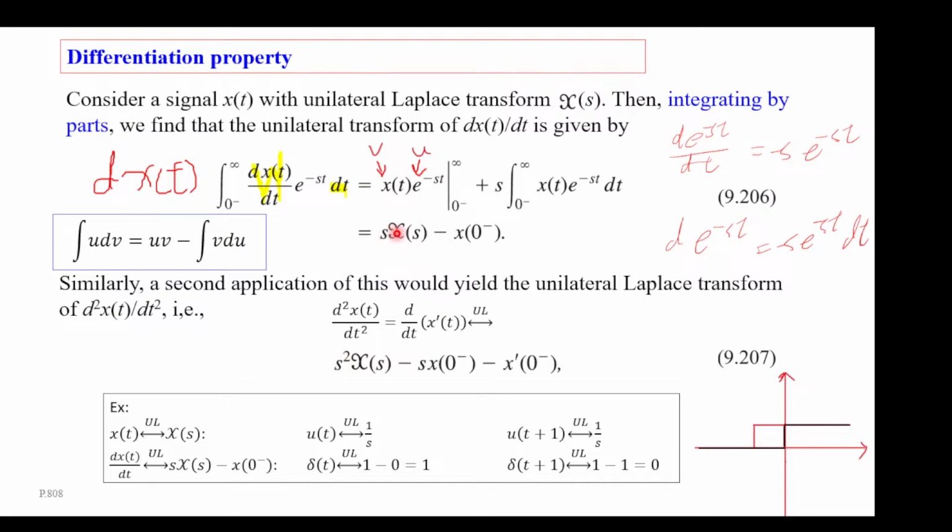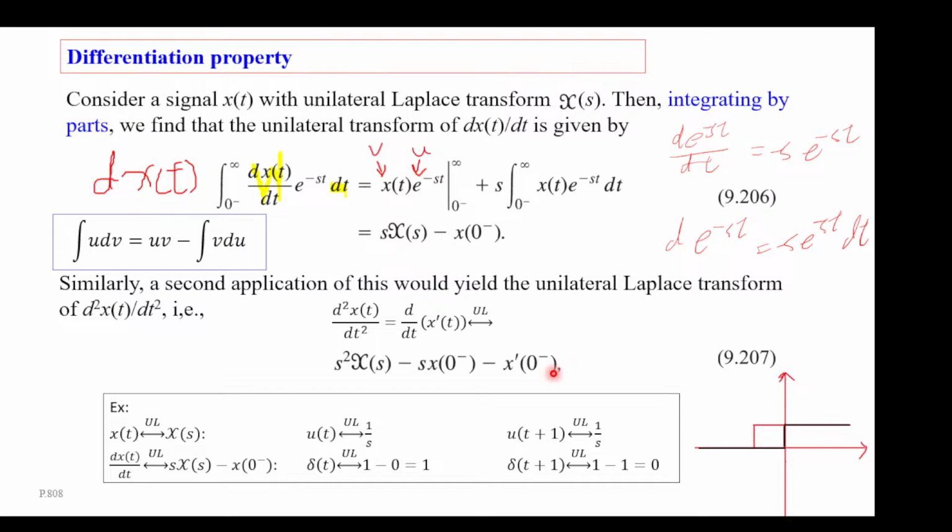So s times (s times big X minus x of 0 minus) gives s squared big X minus s times x of 0 minus. And then you need to subtract x prime of t at t equals 0, so that's just x prime of 0 minus.